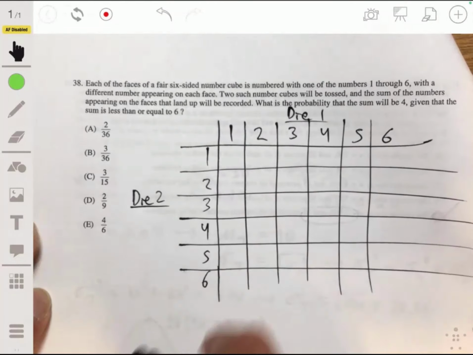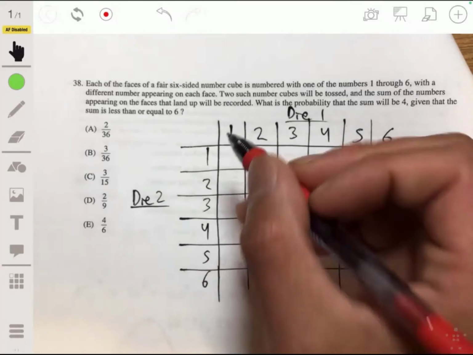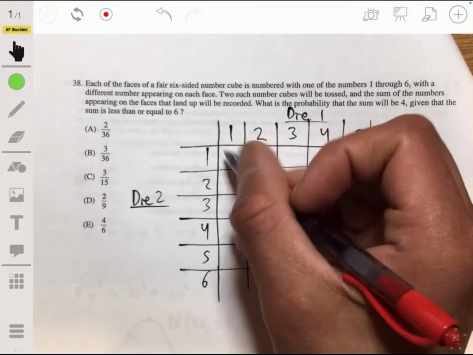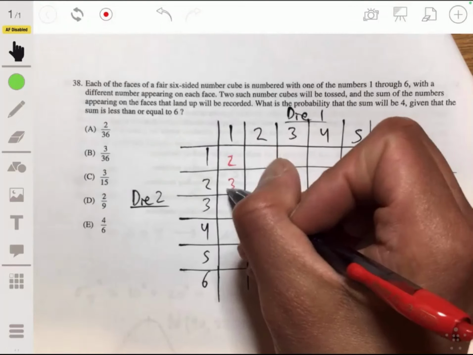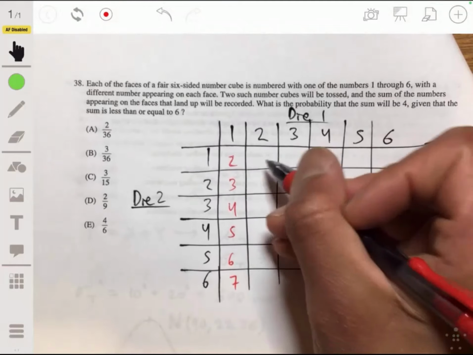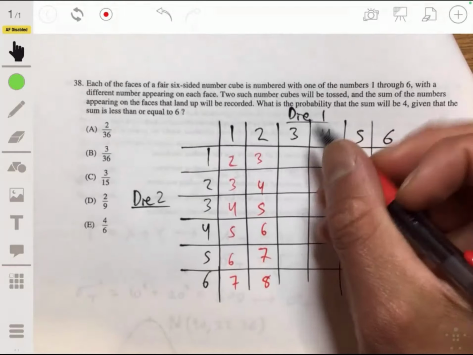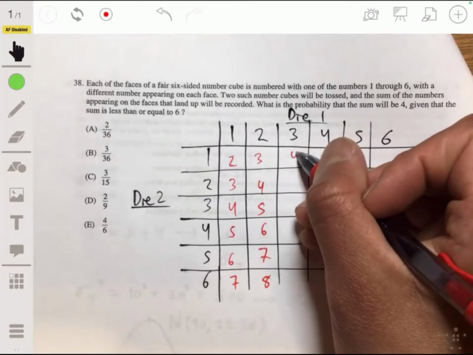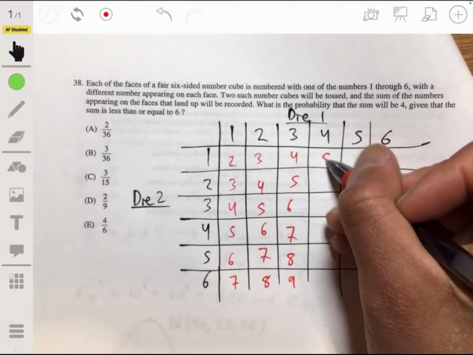The numbers on the inside, in red, will be the sum of the numbers on each die. So 1 plus 1 is 2, 1 plus 2 is 3, 1 plus 3 is 4, and so forth. These are the numbers the corresponding dice add up to, and there are 36 total.